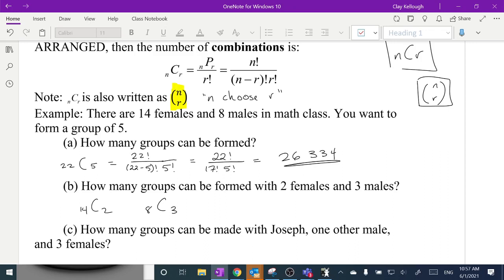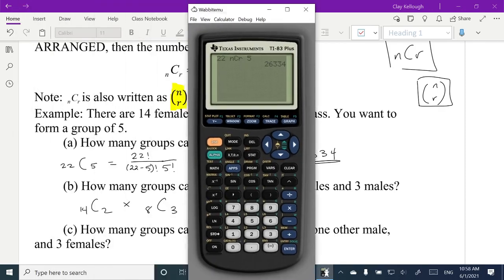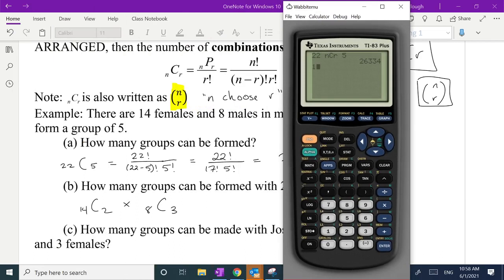If you're trying to do 2 different things, what is the number of different ways they can both happen? You multiply them together. Here for sure, I would use a calculator. I would literally do this as 14, math. This is probably easier on your calculator. You don't have to go to this stupid menu.